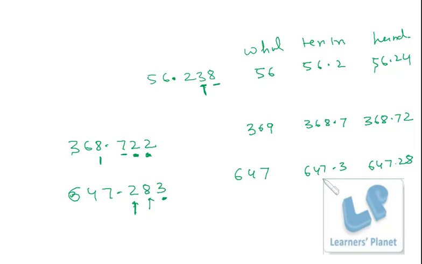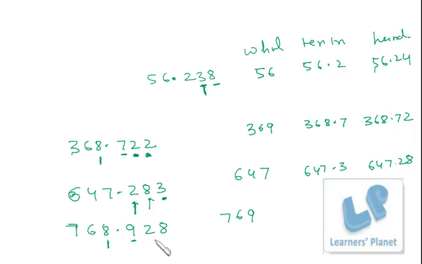One more, I have 768.928. Now nearest whole number, the first digit after decimal is more than 5, so you add 1 over here. That is the nearest whole number.